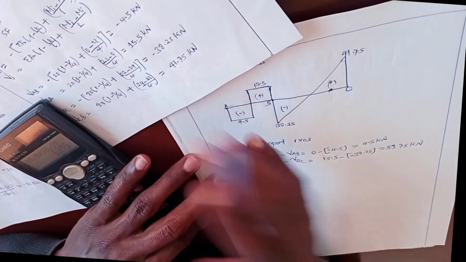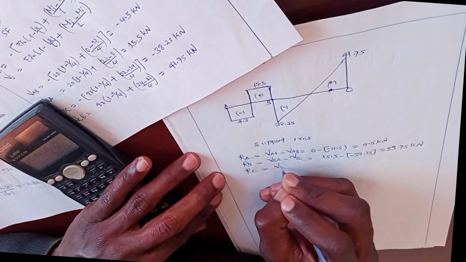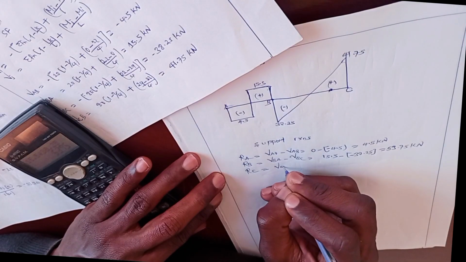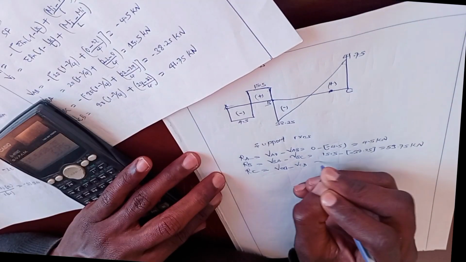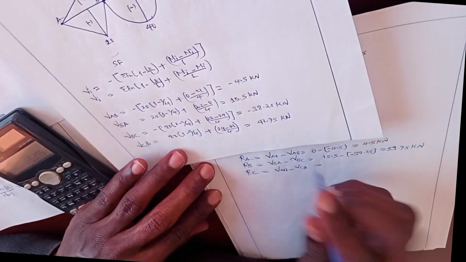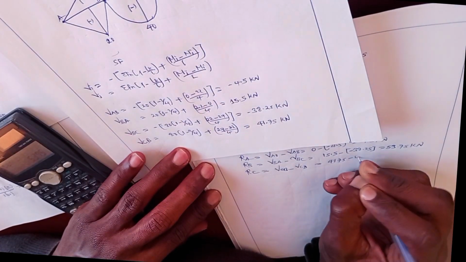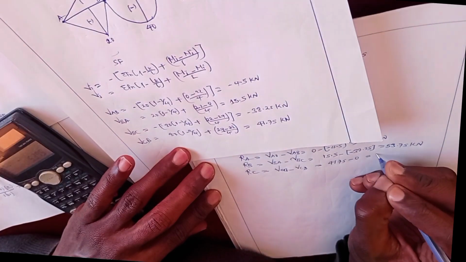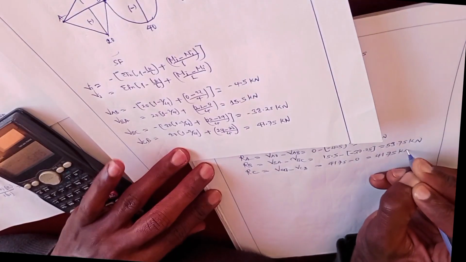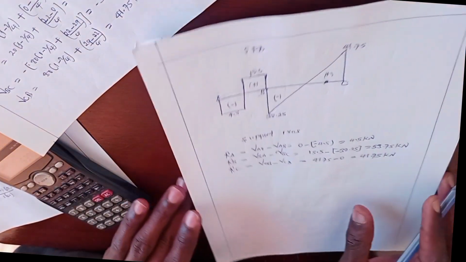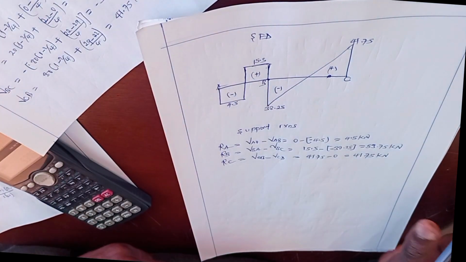To obtain RC, it will be equal to VCB minus VCD. VCB is this one, 41.75 minus 0. It will be equal to 41.75 kilonewton. Also, this is a support reaction for this beam system.